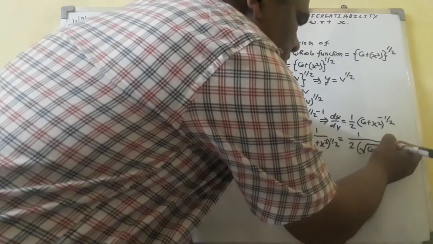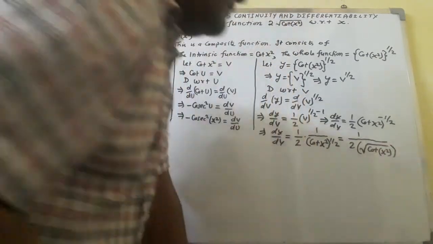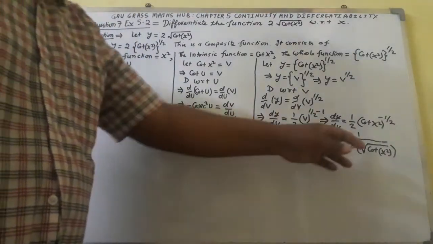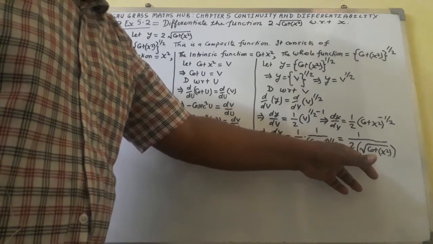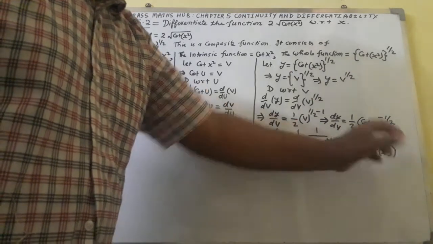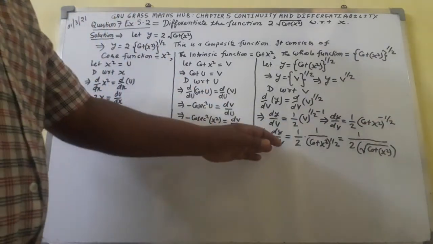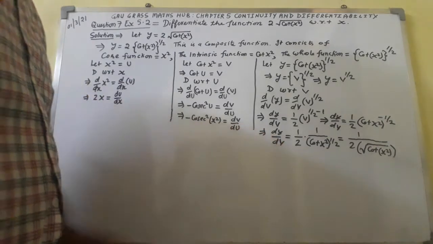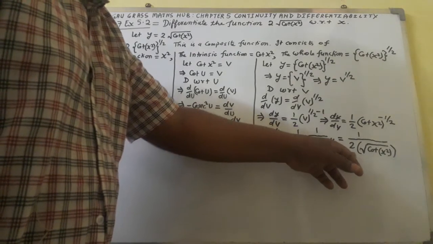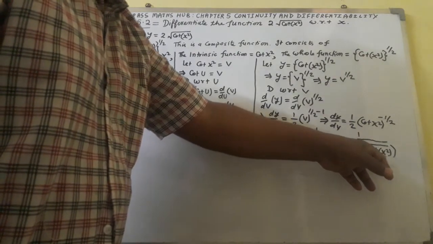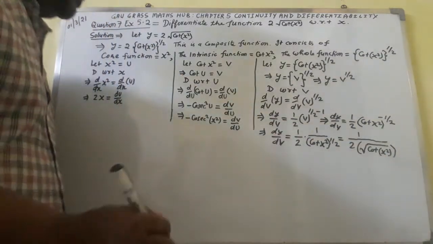So dy over dv equal to 1 over 2 dot under root cot x square.